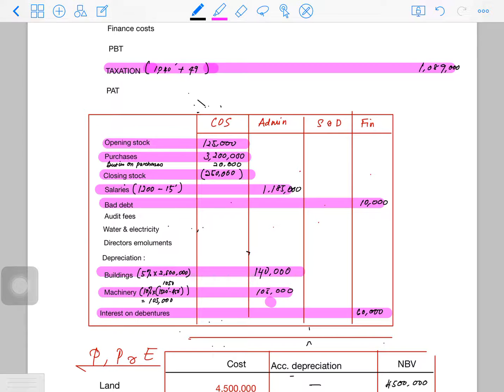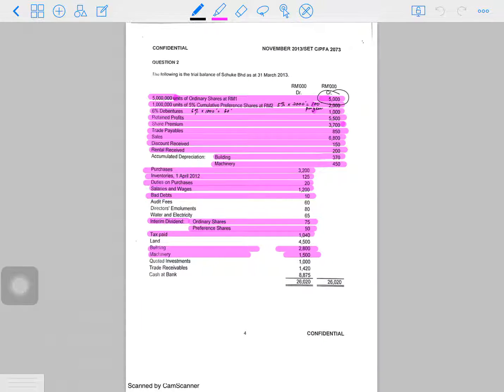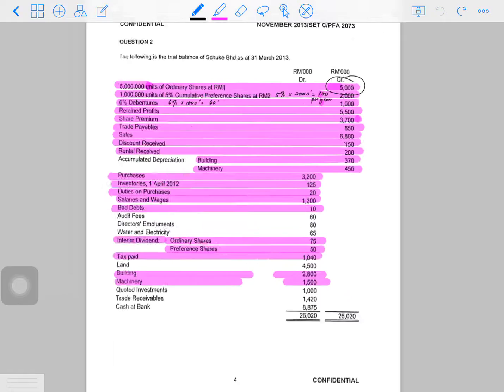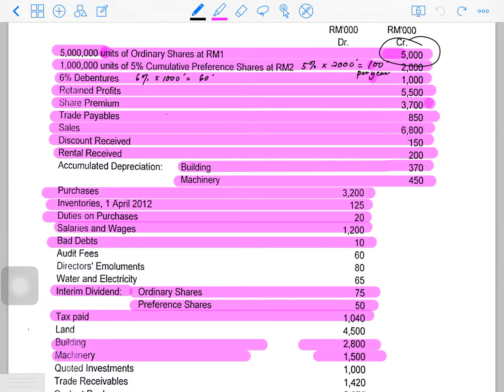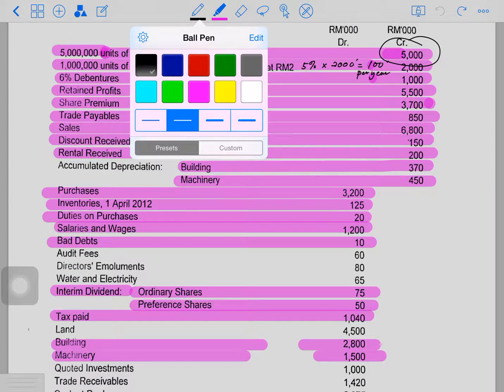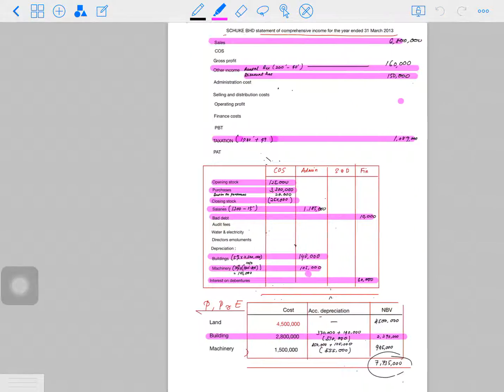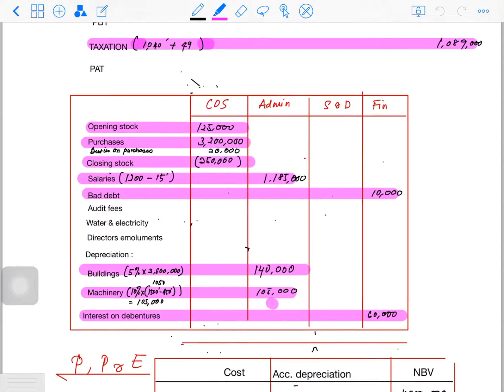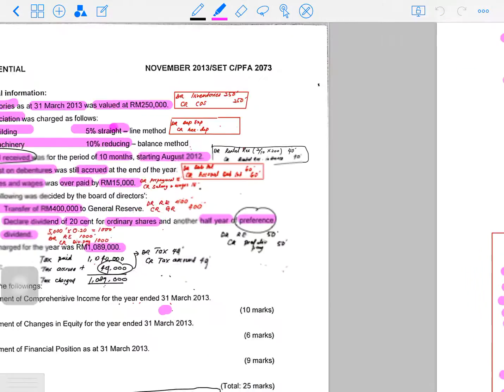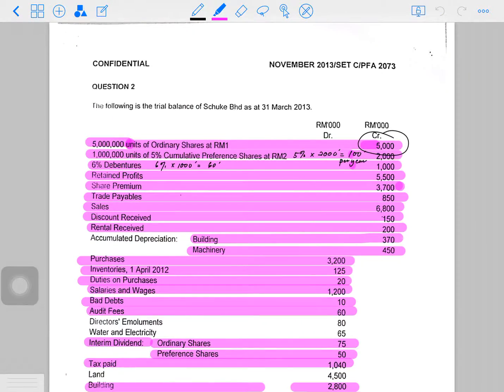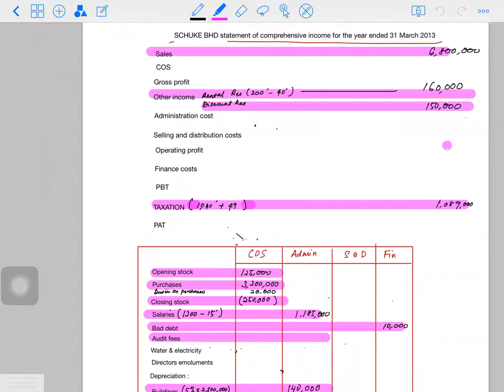Next we have audit fees. 60. Audit fees should be included in the admin expense. Admin expense. Okay. How much was that? 60.